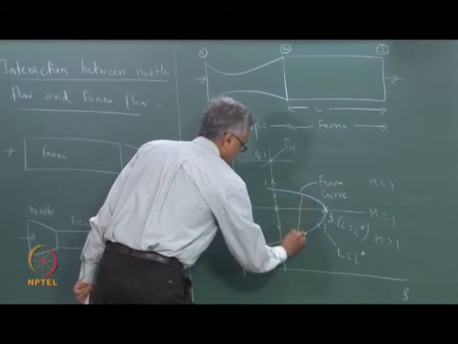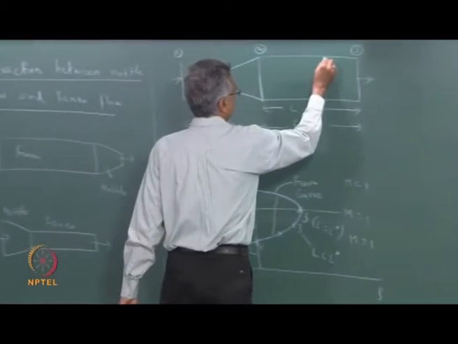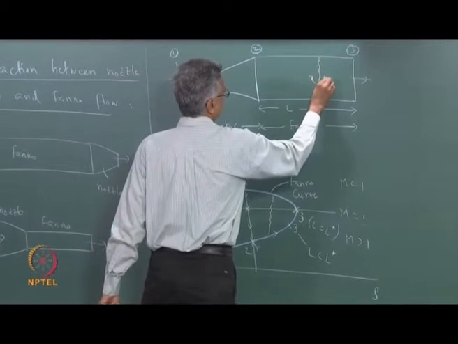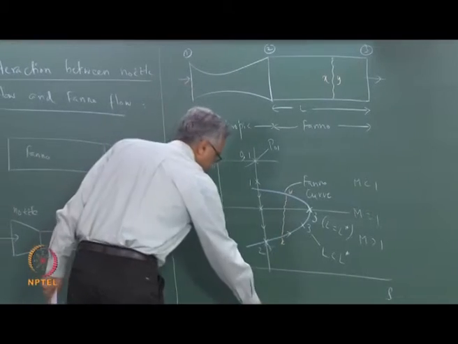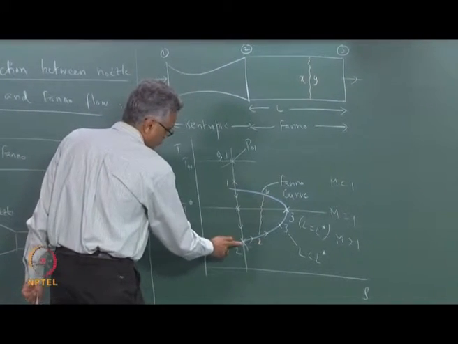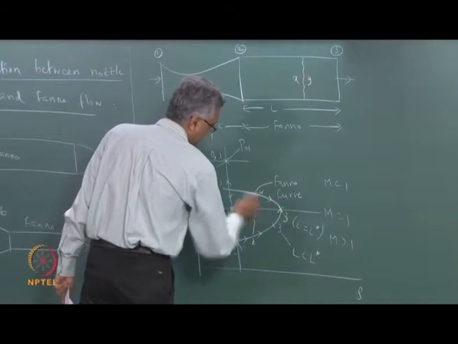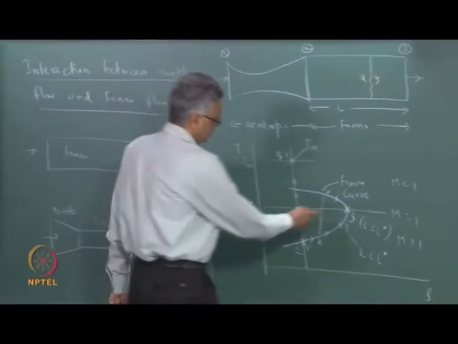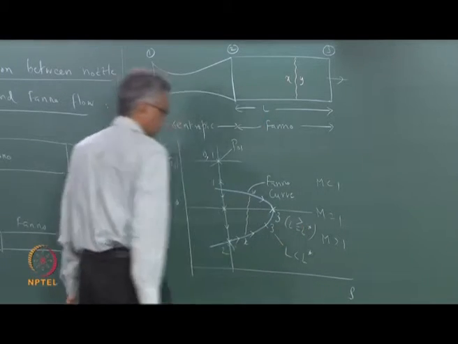There is a normal shock and the corresponding position may be something like this. Let us call this state x and this state y. So, the flow goes from 1 to 2 to x, and then it jumps to y, and then depending upon the exit condition it may reach state 3 or the sonic state, even if L is greater than L star.